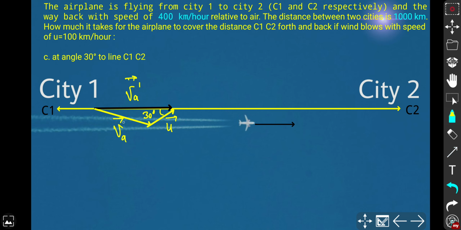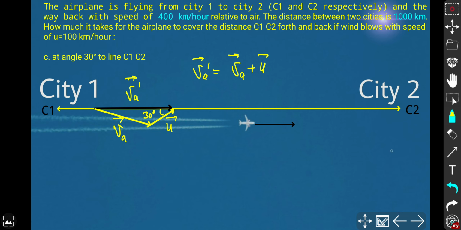So that VA prime is going to be the vector sum of VA and U, using the head to tip rule. In that case, VA prime is the vector sum of VA and U, and that's how we get the direction of the real velocity as the black vector, VA prime, from C1 to C2.